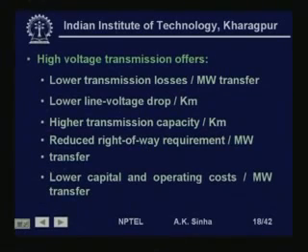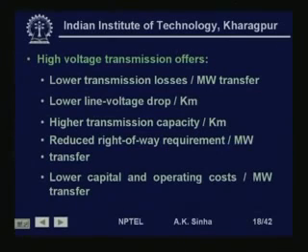So if we use higher voltages, we reduce the right of way requirement per megawatt transfer. And it will also reduce our operating cost as well as capital cost, and these are the reasons why we use high voltage transmission for transmitting large amounts of power.